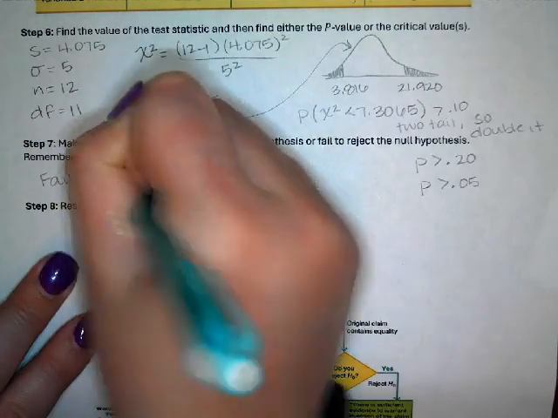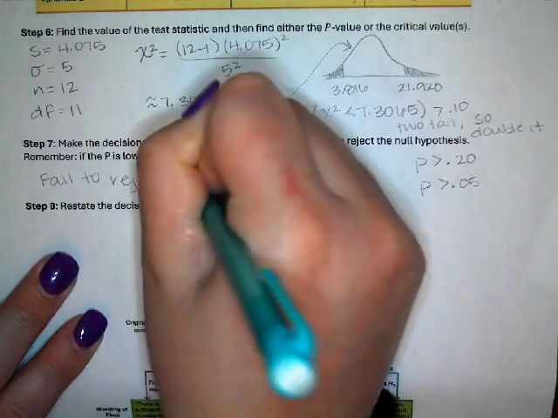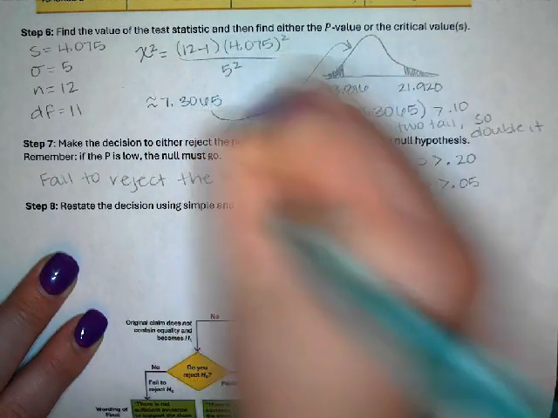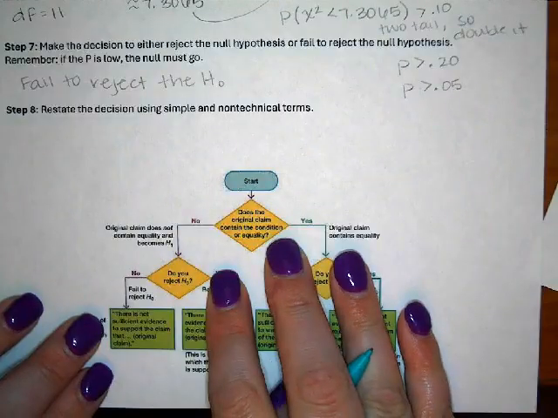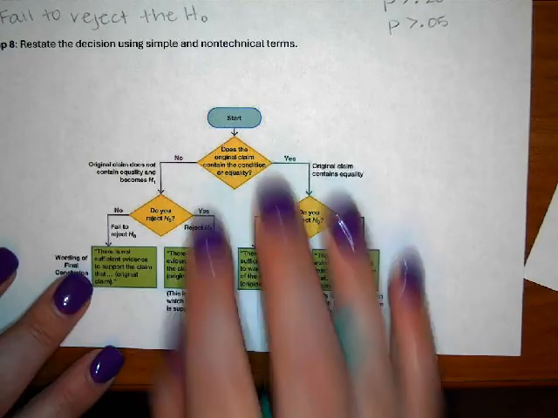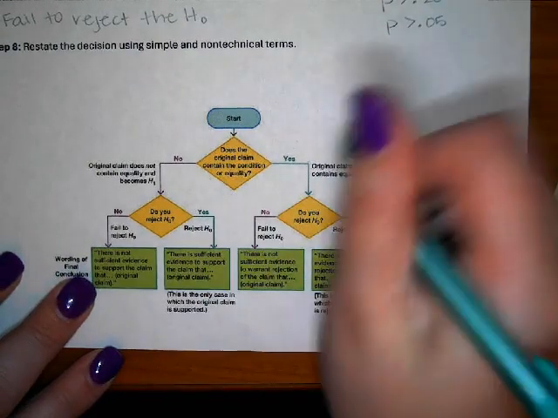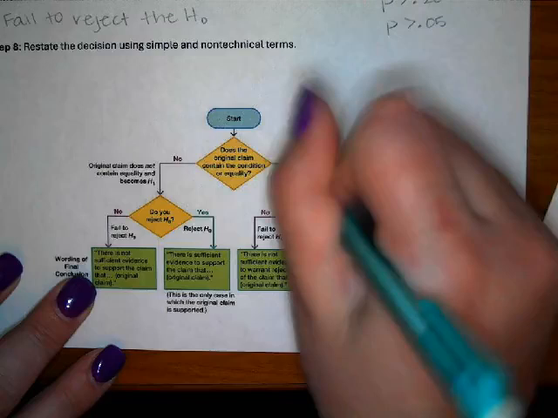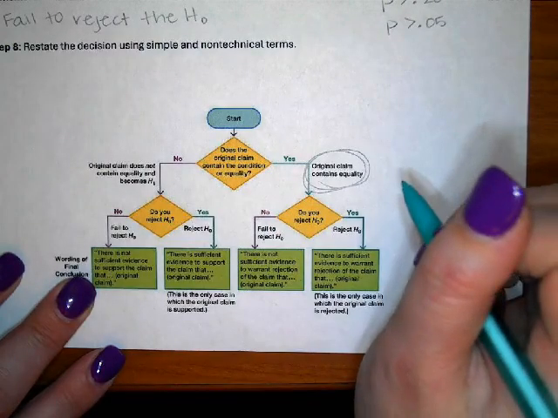All right, so to write our sentence, the original claim had equality. It had that sigma equaled 5 exactly. We failed to reject the null hypothesis, and so we're going to write our sentence using that sentence starter.